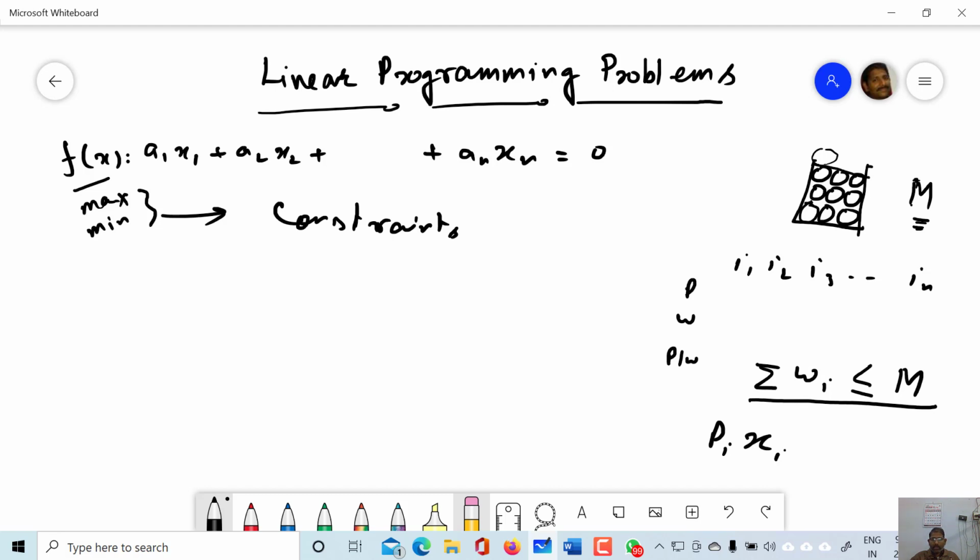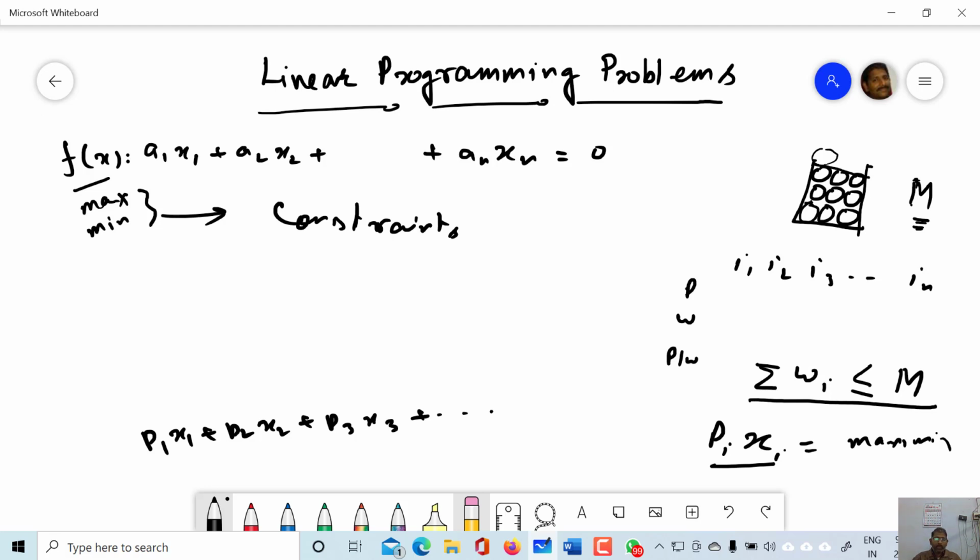The capacity is a constant in this case, and based on this constant, this is like a linear equation, and the profit will get maximized. This is also a kind of linear equation, because you multiply the profit of the ith item, like P1 x1 plus P2 x2 plus P3 x3 and so on, until the weight is less than the maximum capacity of the knapsack.